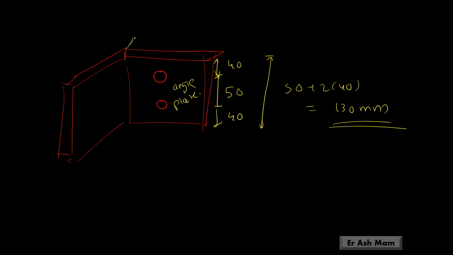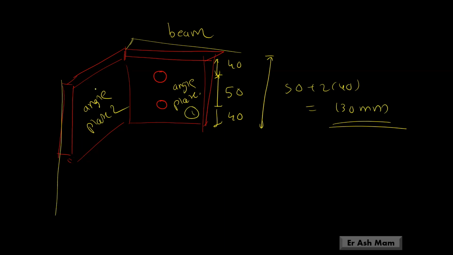Here is the beam. Next, let's design this side plate, the angle plate, plate number 2, which is connected to the column.